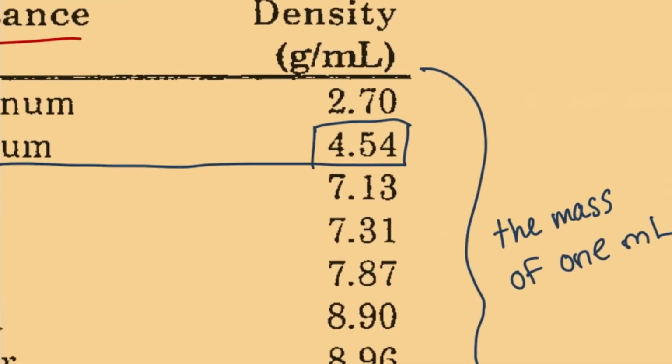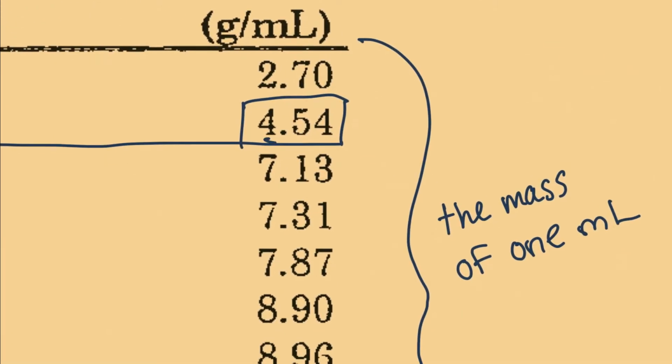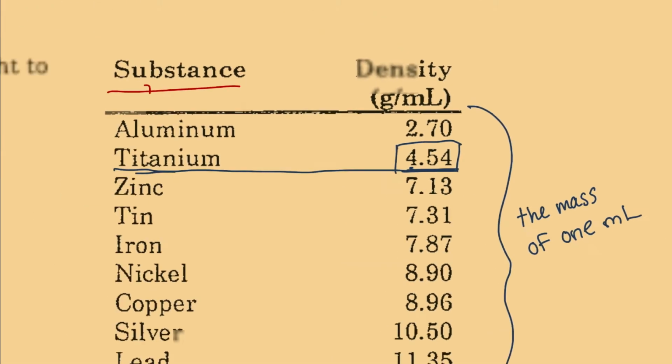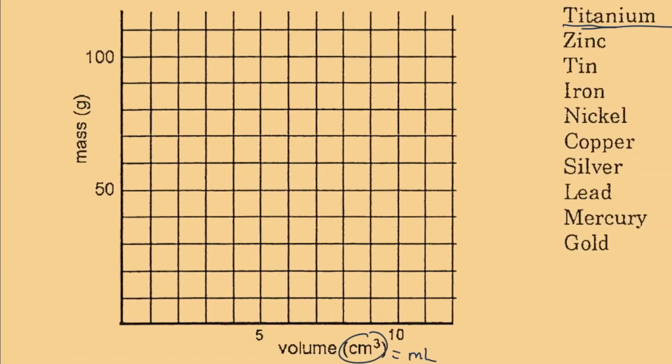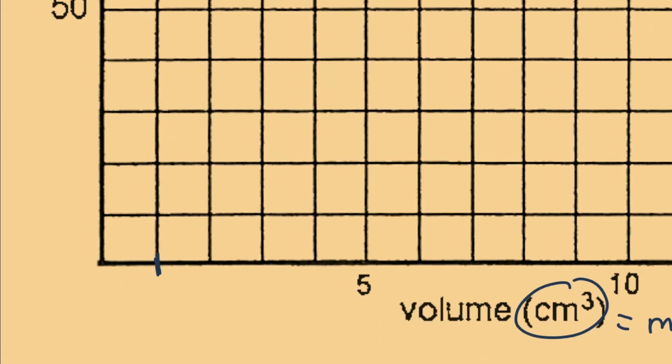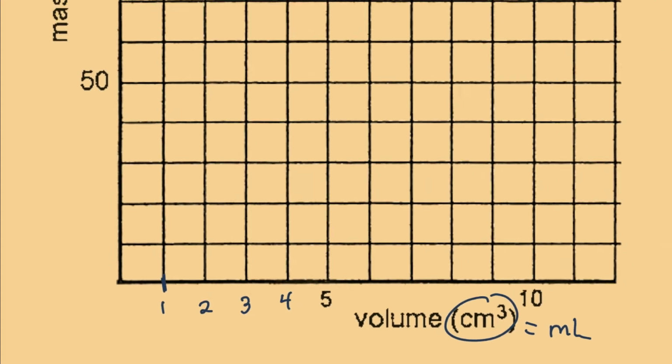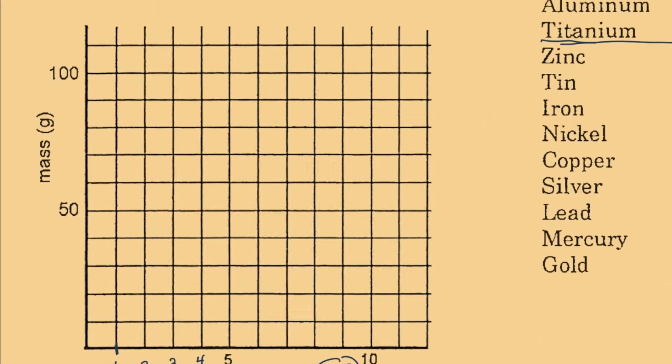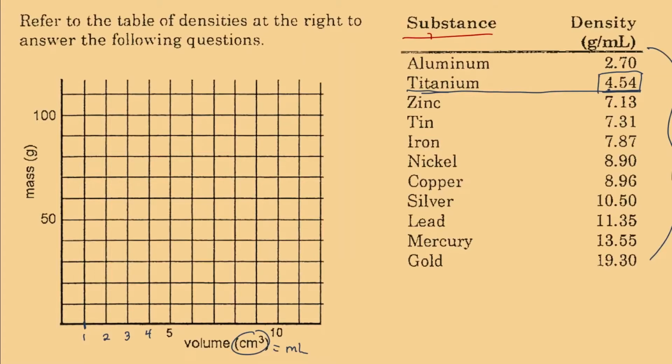So if I look at 4.54 as the mass of 1 milliliter, then I can imagine that this is 1 milliliter. I don't need to imagine it, it is. Let's label our axis here, 1, 2, 3, 4. And I just need to find 4.54 grams on my y-axis.